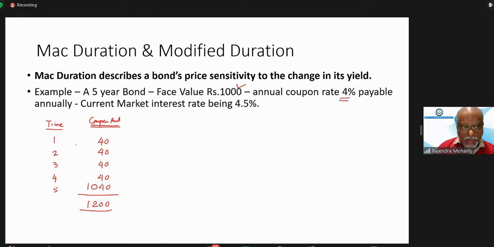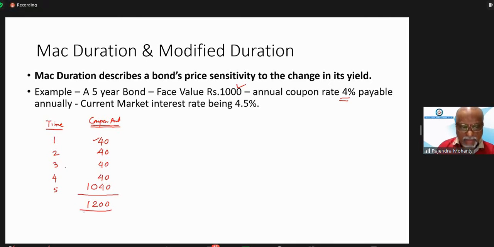Now, these coupons I will get. Suppose today I have invested. This 40 rupees is available to me after 1 year, this after 2 years, this after 3 years, like this. So if I have purchased this bond today, I want to see what is the actual value today.